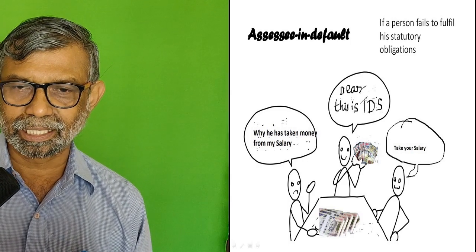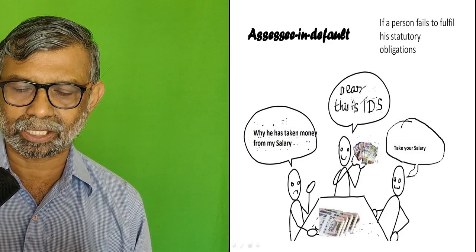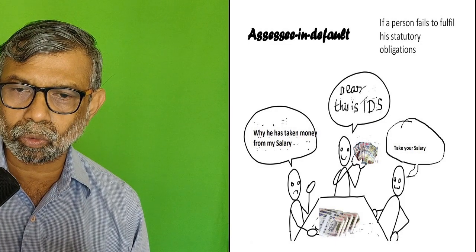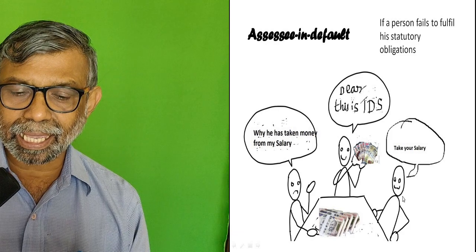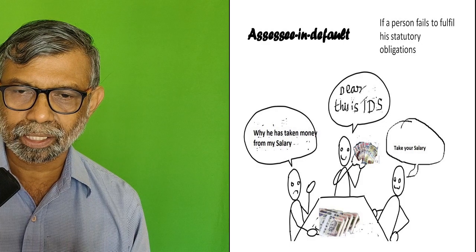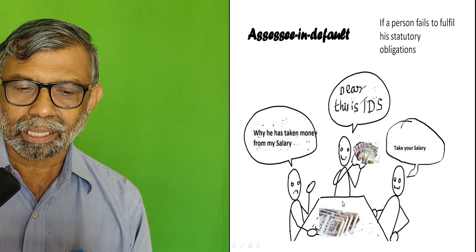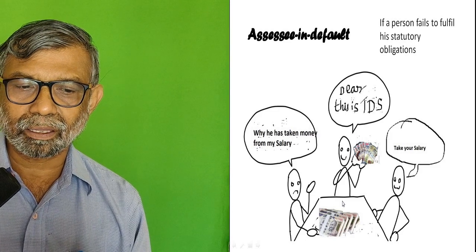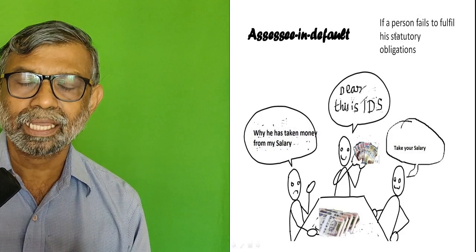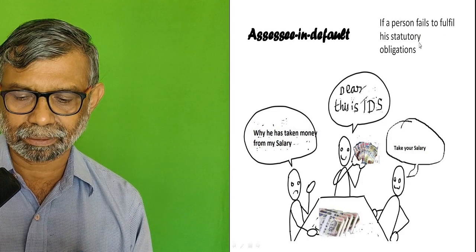Then the employer answers, dear, this is TDS. TDS means tax deducted at source. An employer, before issuing salary to his employees, is liable to deduct tax at source. If he is not deducting tax at source, then he is called an assessee in default because he failed to fulfill the statutory obligation. Clear?